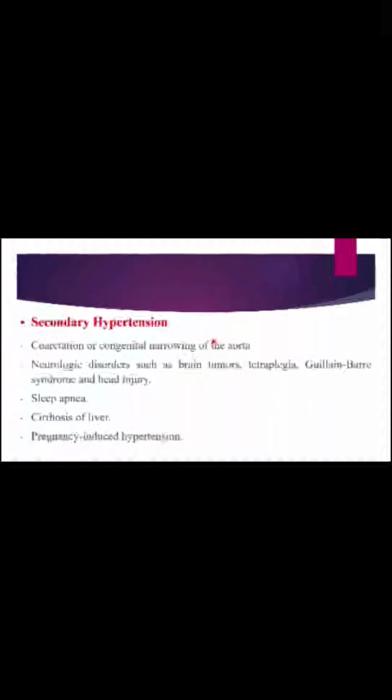So what does secondary hypertension mean? It is elevated BP with a specific cause, and that often can be identified and or corrected. In that there is coarctation of aorta, which means a narrowing of the aorta. Then neurologic disorders like brain tumors, tetraplegia, Guillain-Barré syndrome, and also head injury.